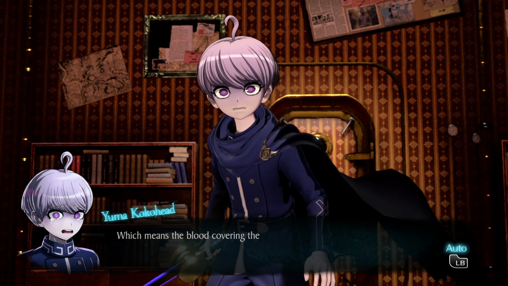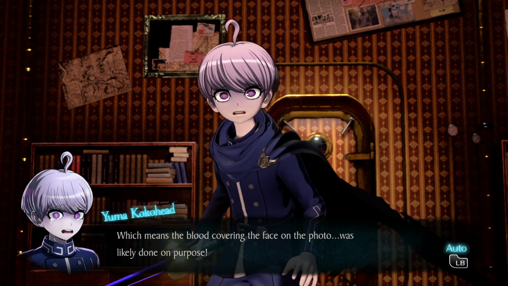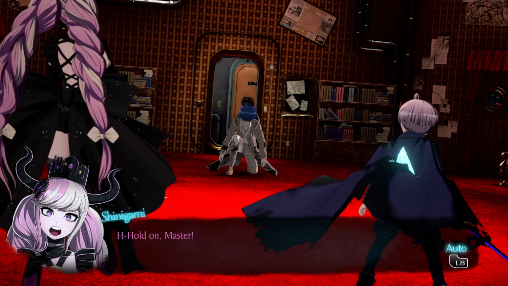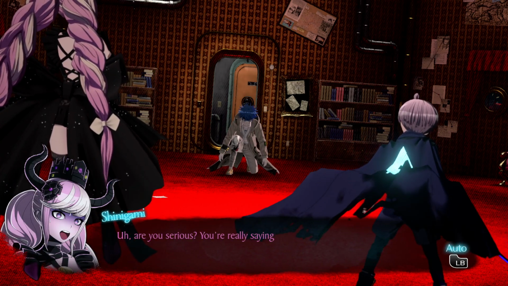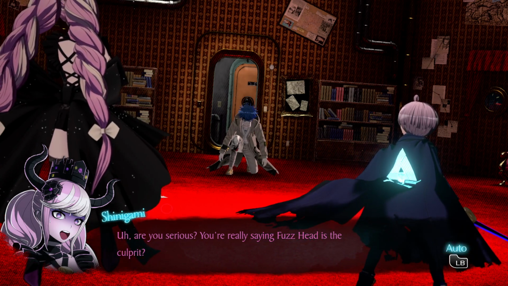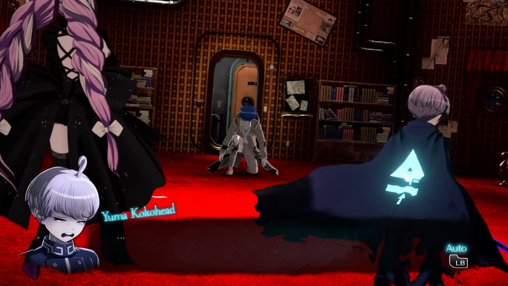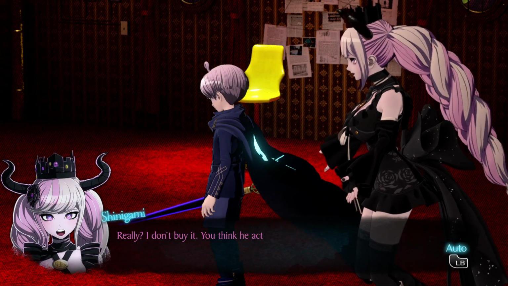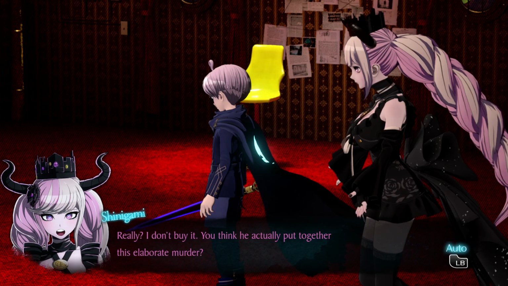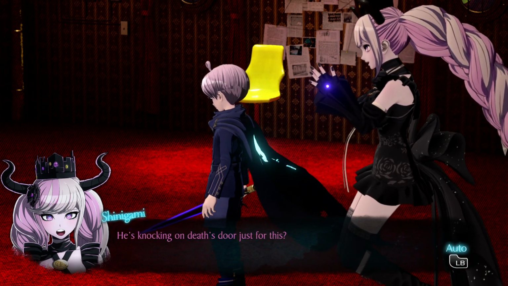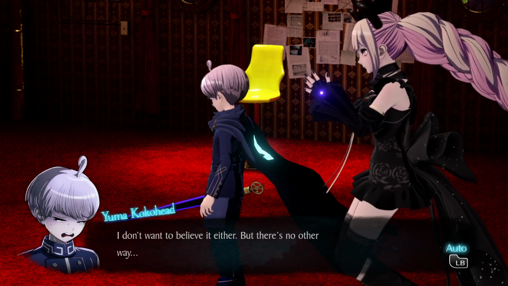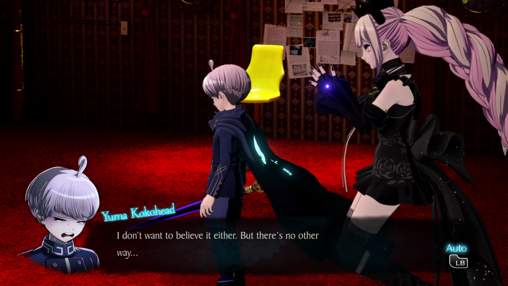Which means the blood covering the face on the photo was likely done on purpose. Hold on, Master! Are you serious? You're really saying Fuzzhead is the culprit? Yes. Really? I don't buy it. You think he actually put together this elaborate murder? He's knocking on death's door just for this? I don't want to believe it either, but there's no other way.